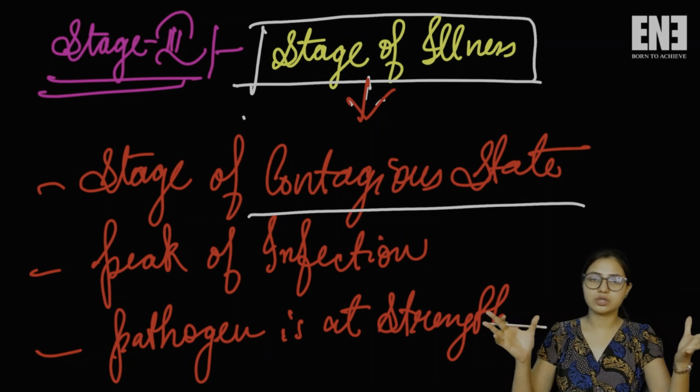Means धीरे धीरे symptoms reduce होने लगते हैं. That means the disease condition is getting reduced in the body, the infection stage is getting reduced in the person's body. So the symptoms start to subside.